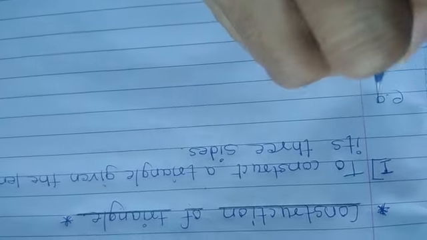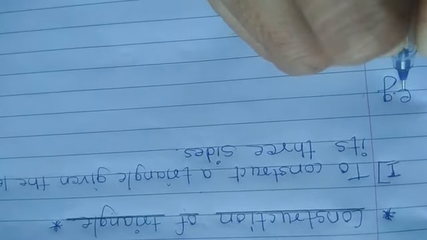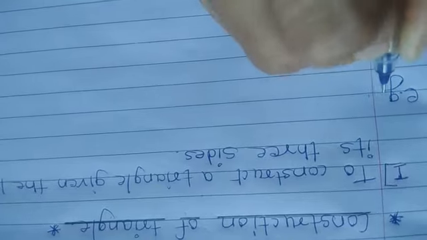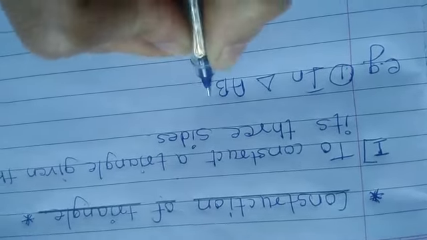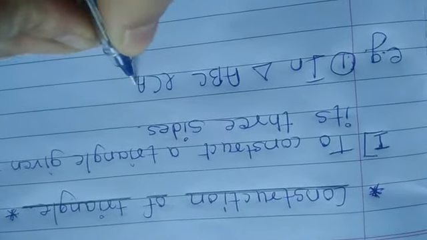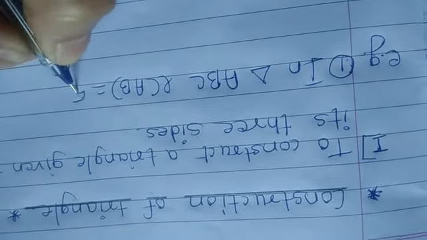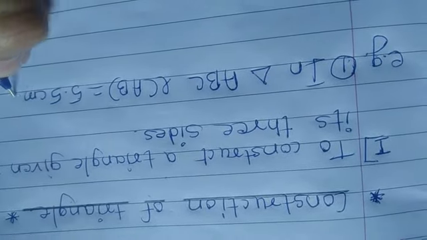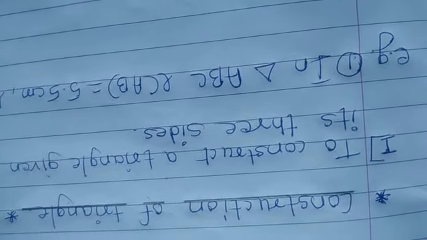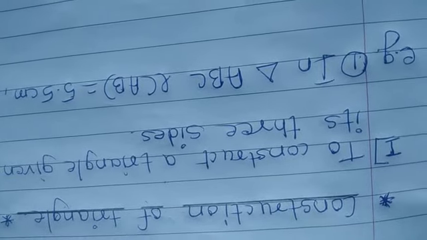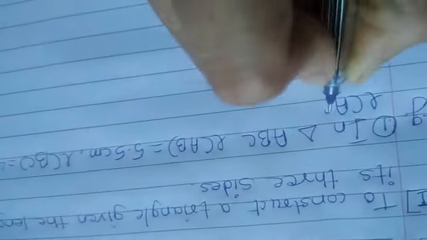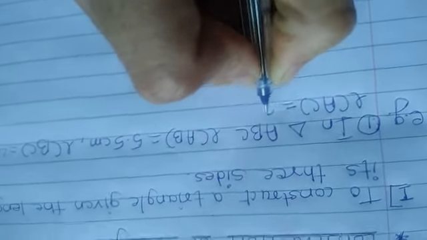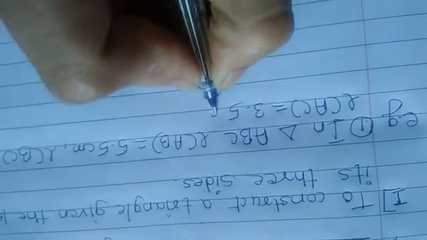If, for example, the meaning of this sign is for example. First example: suppose in triangle ABC, length AB is equal to 5.5 centimeter, length BC is equal to 4.2 centimeter and length AC is equal to 3.5 centimeter.